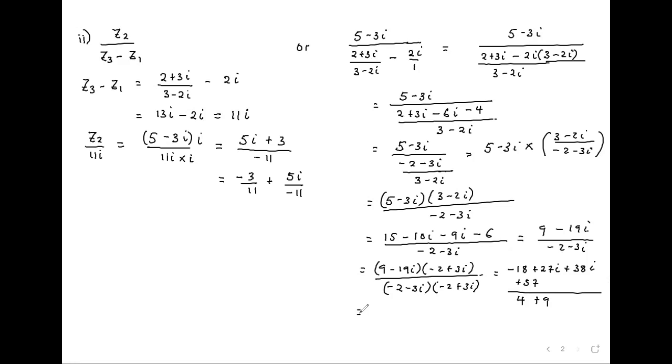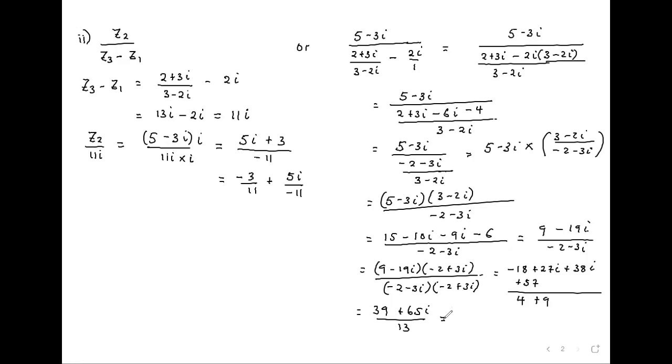So we get negative 18 plus 57. That will give us 57 minus 18, that's 39. 39, and then 27 plus 38, that's 65. So plus 65i over 13.